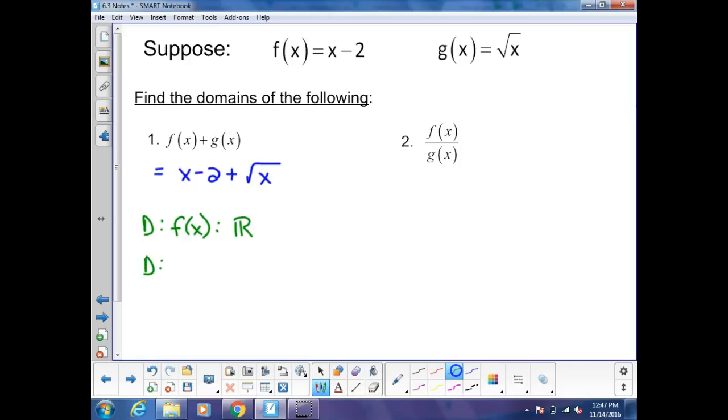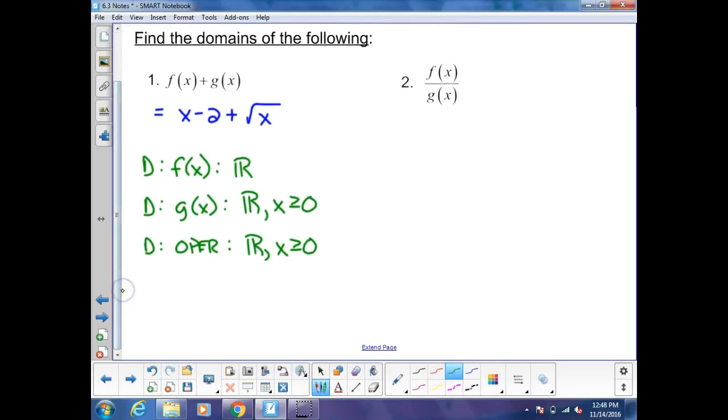The domain of g of x, all real numbers, but x has to be greater than or equal to 0, correct? Okay. And then the domain after my operation mirrors that one. So the domain here then would be all real numbers, but x is greater than or equal to 0.